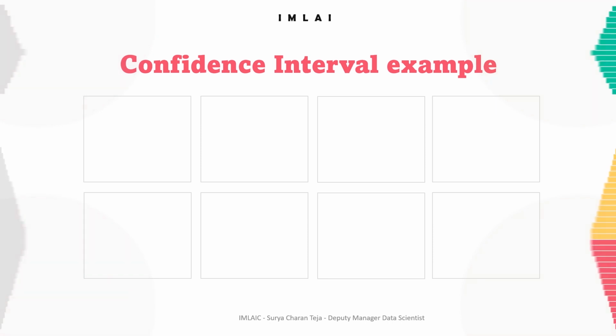Okay, in exit polling, what will they do? That's what we will look at. So how it works, and finally in 2024 in April we got the result. After getting the result, what will happen to these exit polls? We will look into this example step by step, so that you will understand the confidence interval very easily.